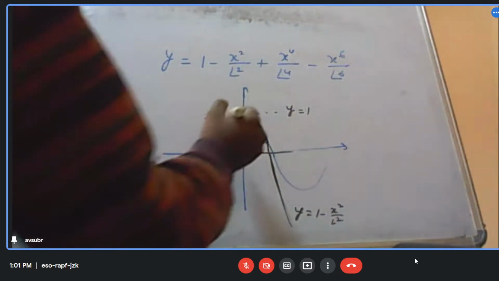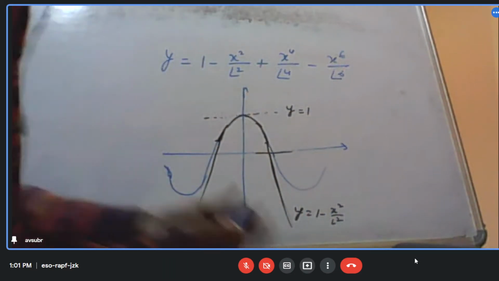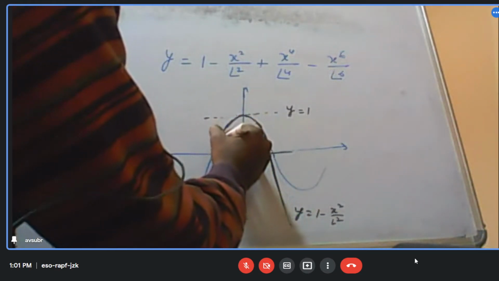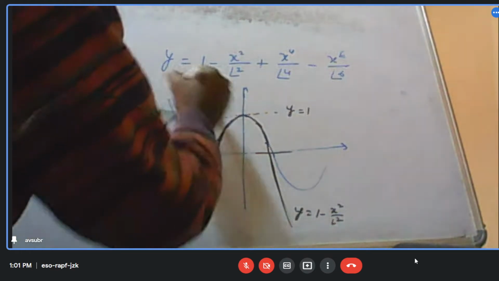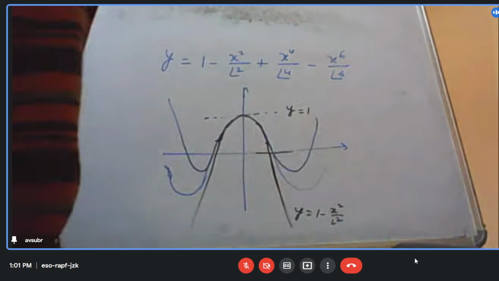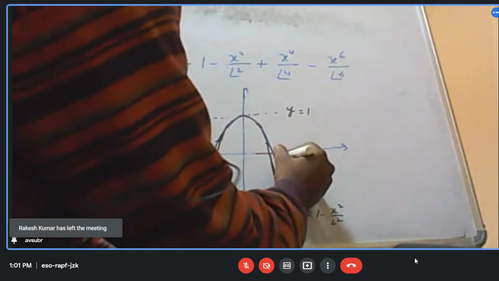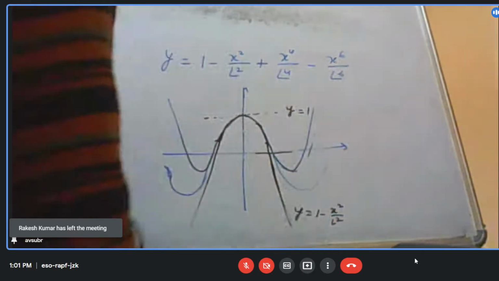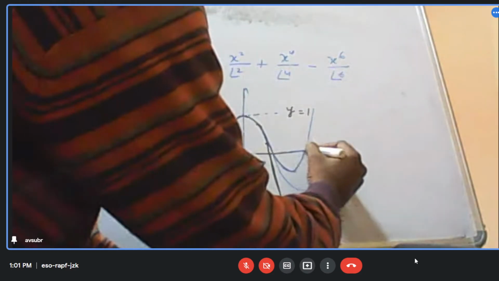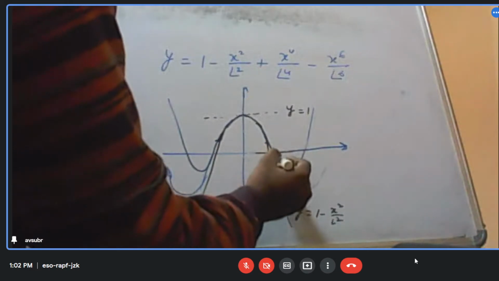Then our third one was this one. It was giving better result to even larger values.